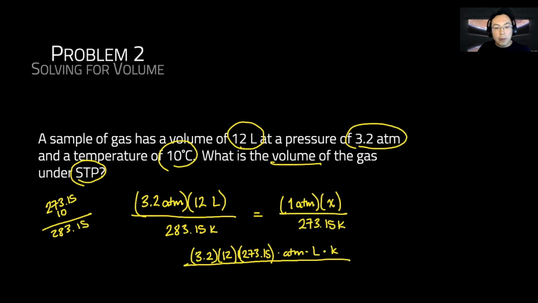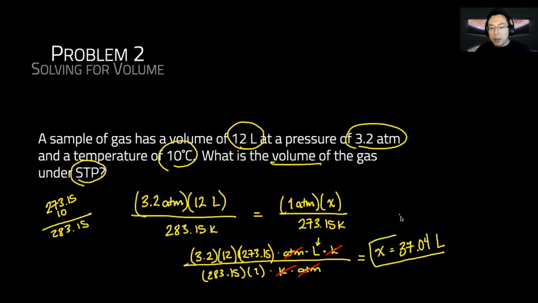All of this over 283.15 times 1 times units, Kelvin, atmospheres, right? All of this is going to be giving us our X. Units out, Kelvin and atmospheres. So after you do the math, you will get 37.04 liters, right? Because that's the unit that we were left over with, which is going to be our final volume, right?